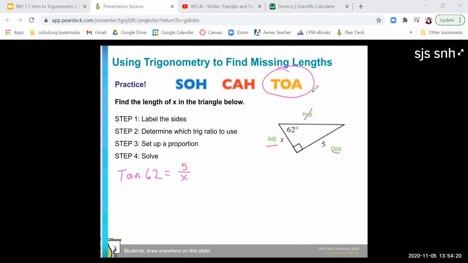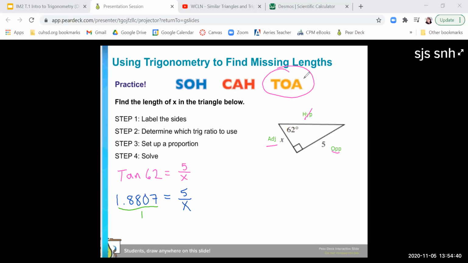All right, so I got 1.8807 equals 5 over x. Put it over 1. Here I do want to point this out.